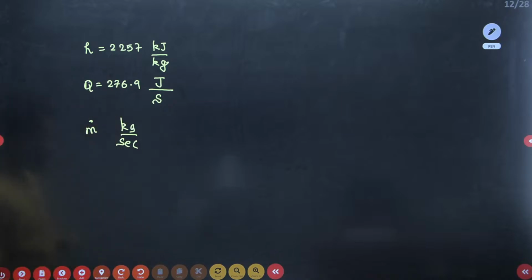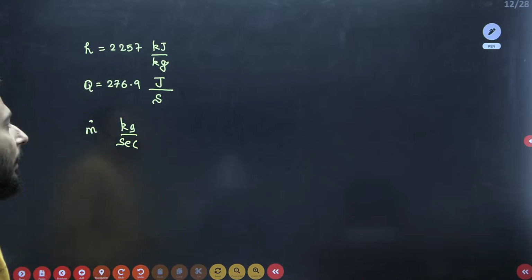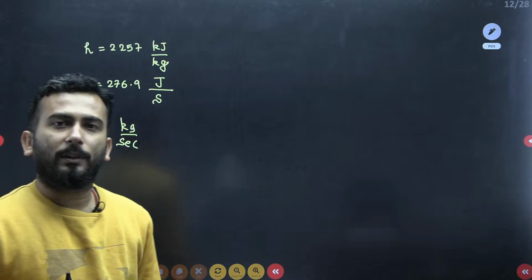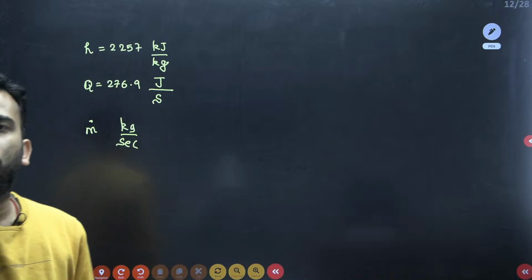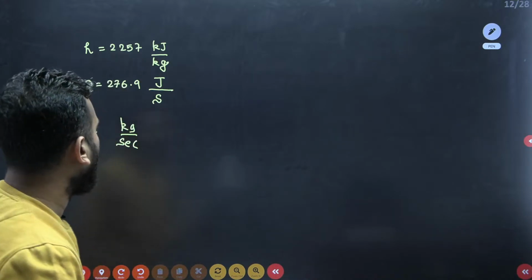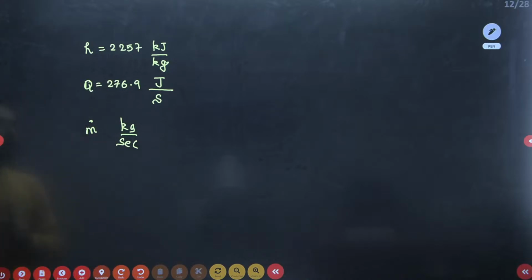So my dear friends, sometimes we are confused about what the formula should be, how to find m dot. I'll simply tell you, try to take help of the units. How is the unit being satisfied?